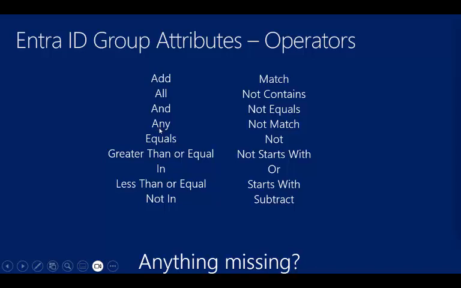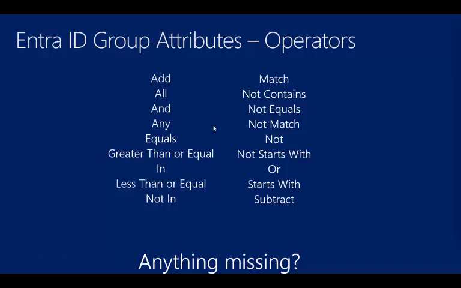So all of them might say, I want all devices that have all of these values, maybe 5 different values, and the device has to have all 5 of them. Or any would be those same values, and if the device has any of those values, then you're good, right? Subtract is kind of the same thing with the OS version thing that we talked about with add, right? And so again, most of these are self-explanatory, but I wanted to call those ones out.